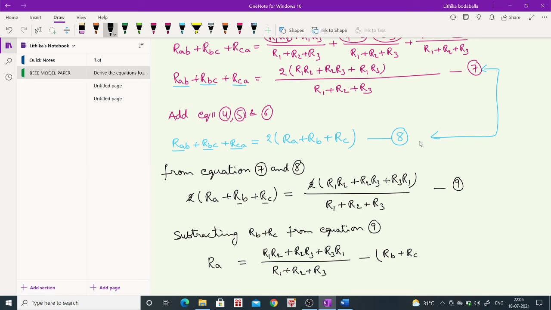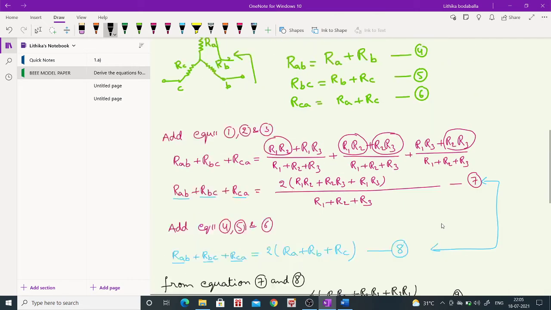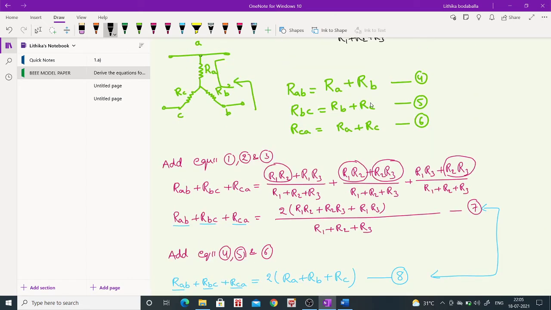As I am subtracting RB plus RC on the left hand side, I have to subtract RB plus RC on the right hand side also from equation 9. That's why I have written minus RB plus RC. See, this is RB plus RC, so in place of RB plus RC, I can write RBC.